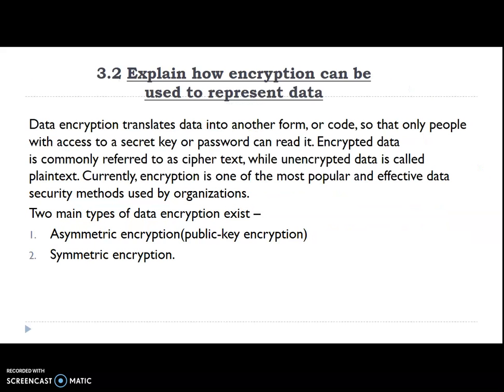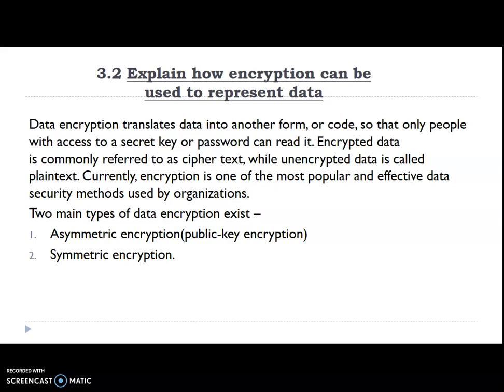Next, we'll explain how encryption can be used to represent data. Data encryption translates data into another form or code so that only people with access to a secret key or password can read it. Encrypted data is commonly referred to as ciphertext, while unencrypted data is called plain text.